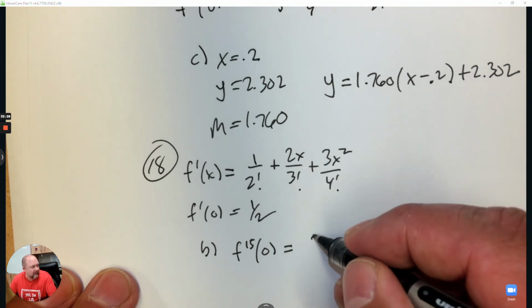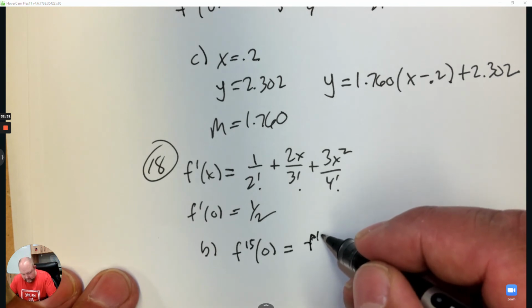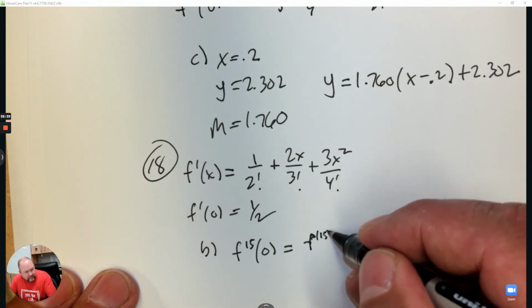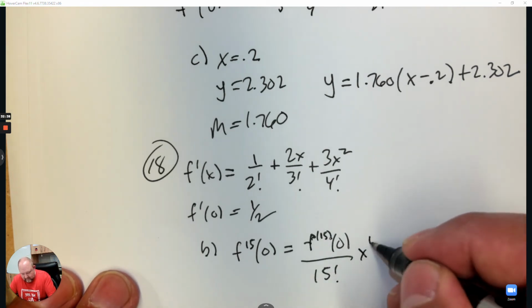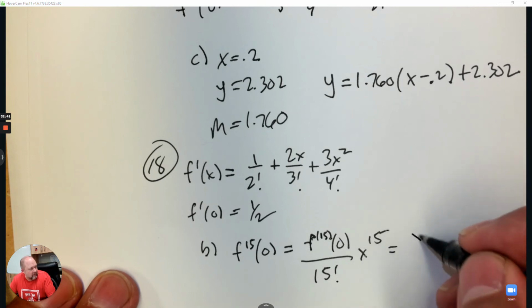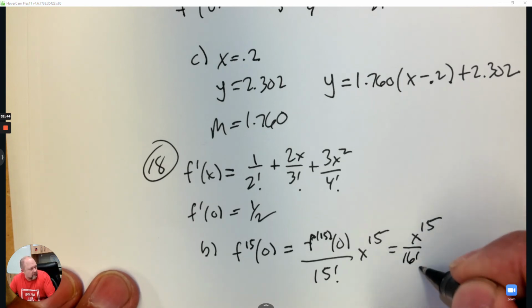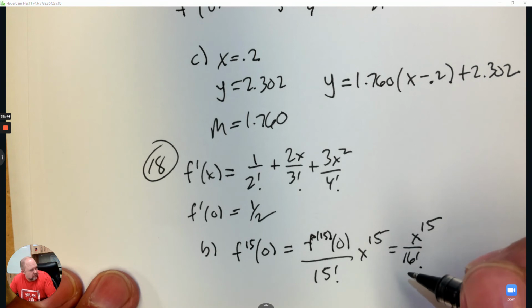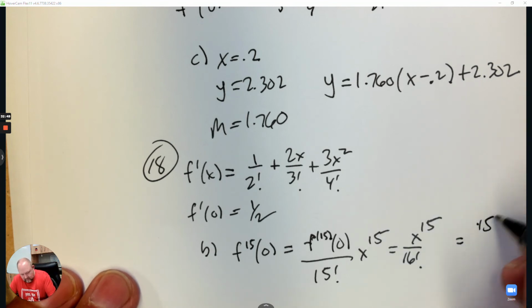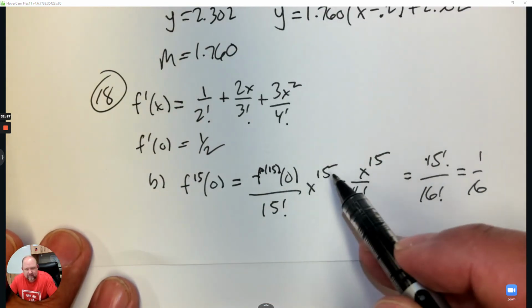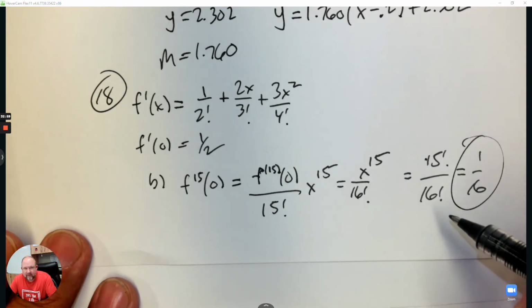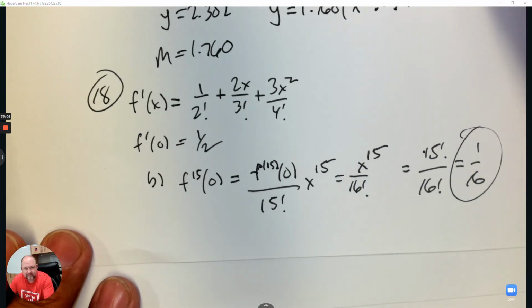So the pattern would be the 15th derivative at 0 divided by 15 factorial, and then x to the 15. I'm not sure. I'm just going to give you the answer. I'll be honest, I don't even know what they did here to get the 15th. I have to think through it. But for right now, we're going to let it go and say the answer is 1 over 16. Think about it. All right, number 19.